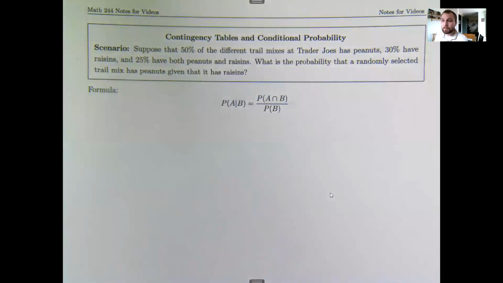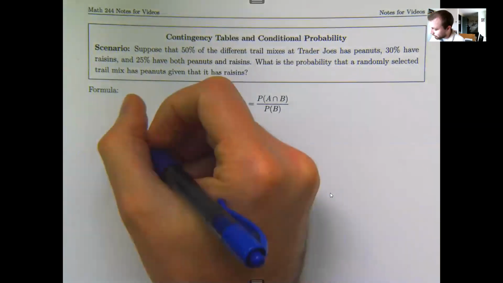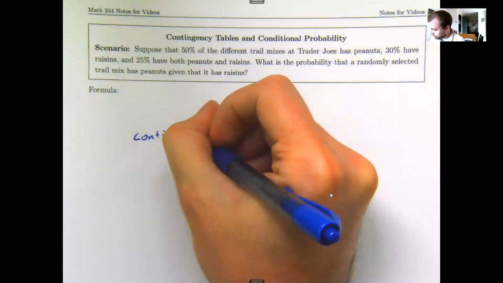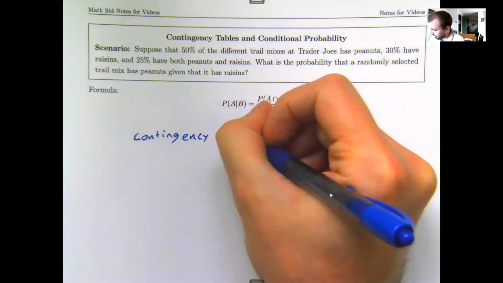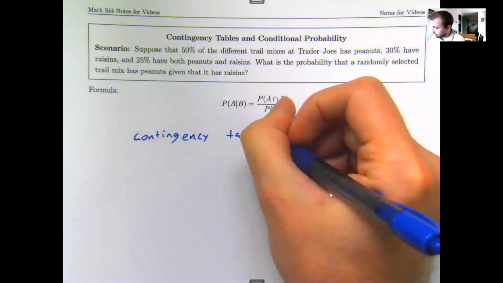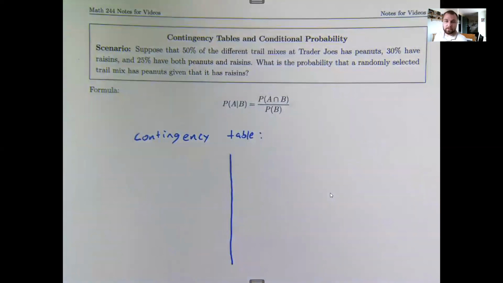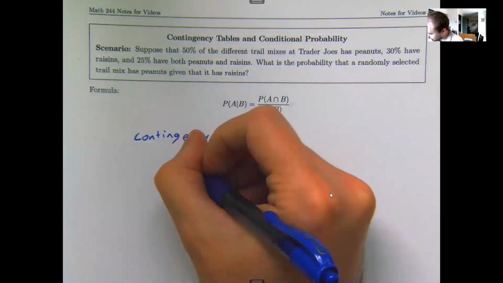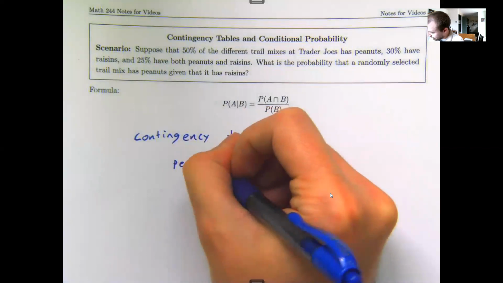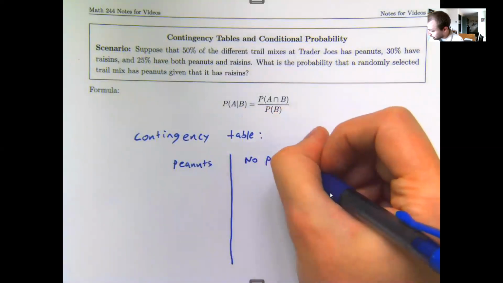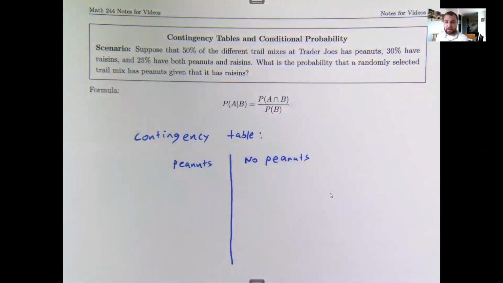I'm going to start with the picture way of going at this, which is a contingency table. Here's the idea behind a contingency table. I'm going to have columns that represent one of my events. In this case, some things have peanuts, and by extension, some of these trail mixes do not have peanuts.